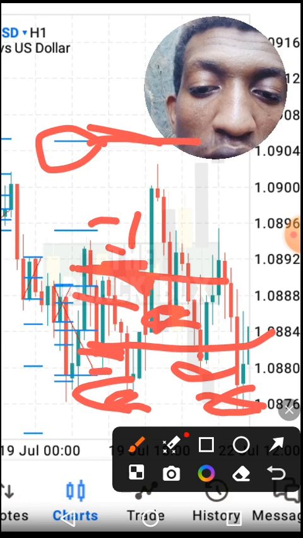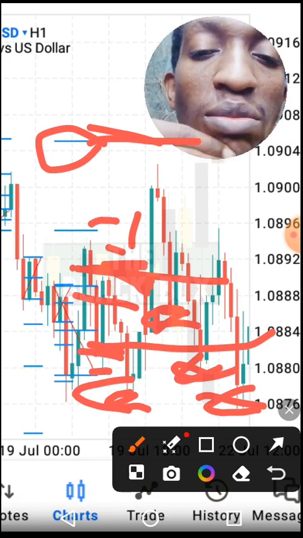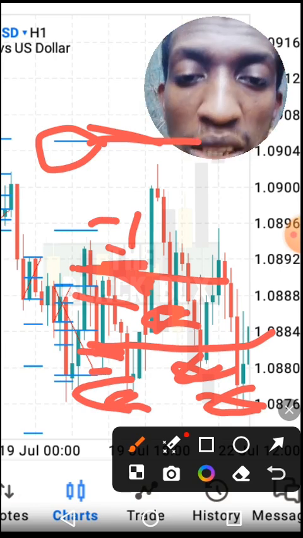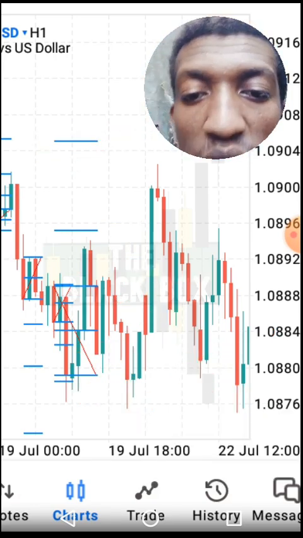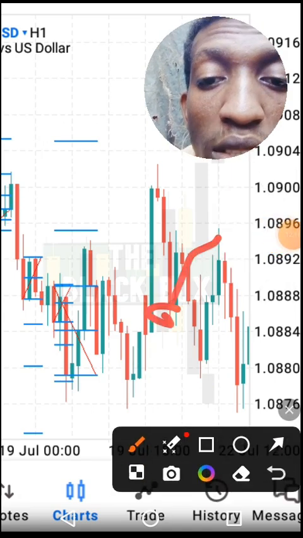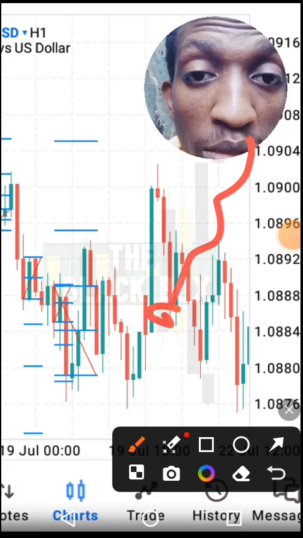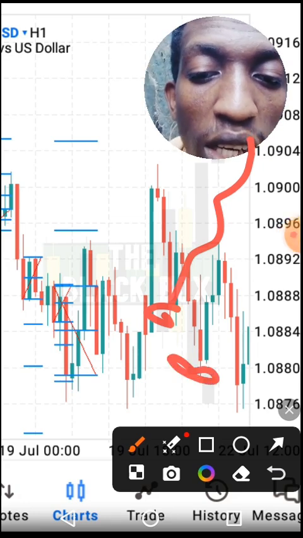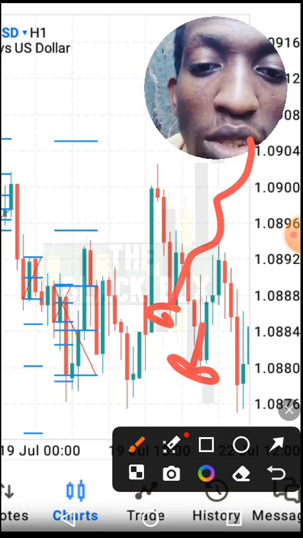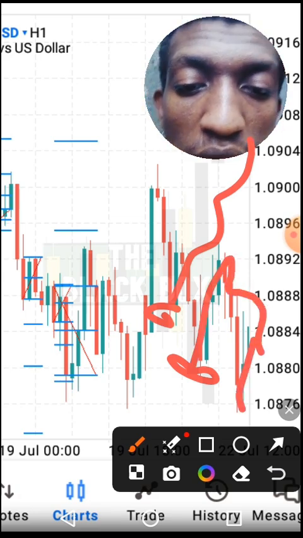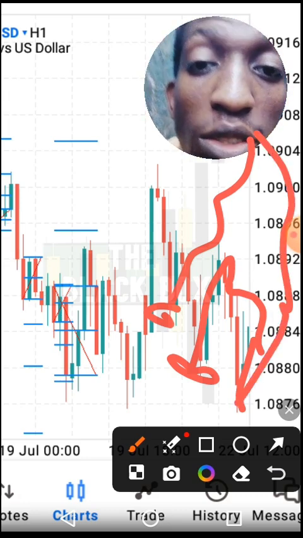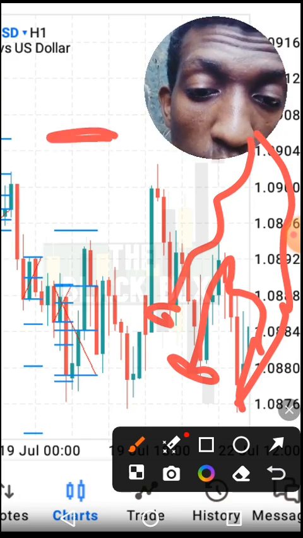You can buy the third time by minimizing your lot size, but that's enough. The reason I'm buying here is because it might keep moving without coming back. So I found a cheaper price, so I bought too. As you can see, support, another support. That's how I am assuming that it will go to this TP1.